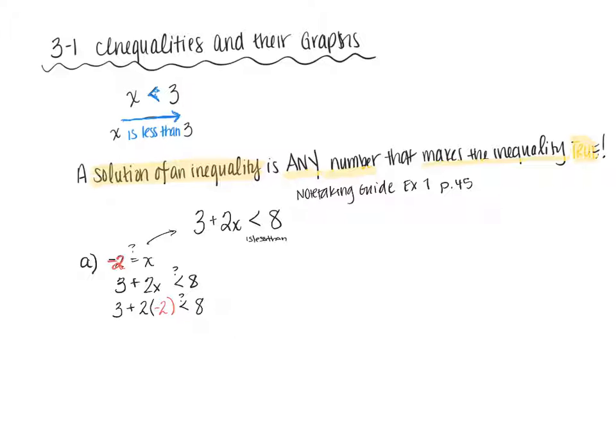Well, what is 2 times -2? Remember, you have to do multiplication first. So this is going to become 3 plus what? 3 plus -4. And 3 plus -4?